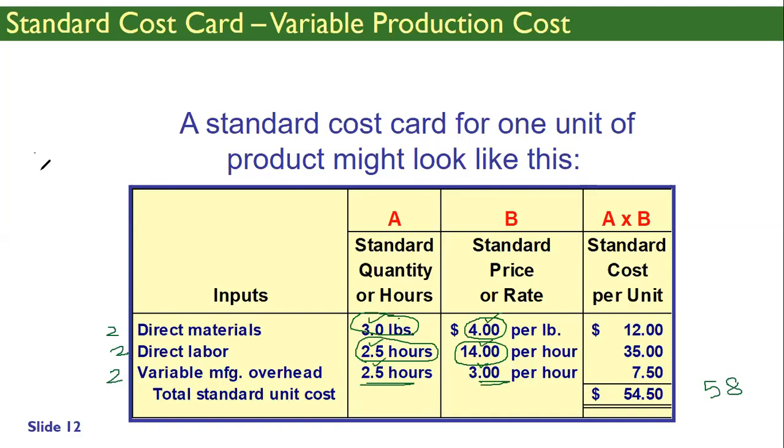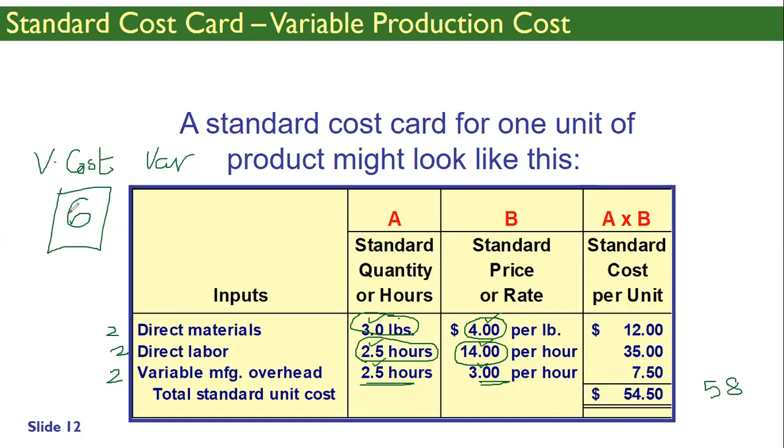So in total there are six variable cost variances: two for the material, two for the labor, and two for the variable overhead. After that, we will do fixed cost variances, then we will do sales price variances.